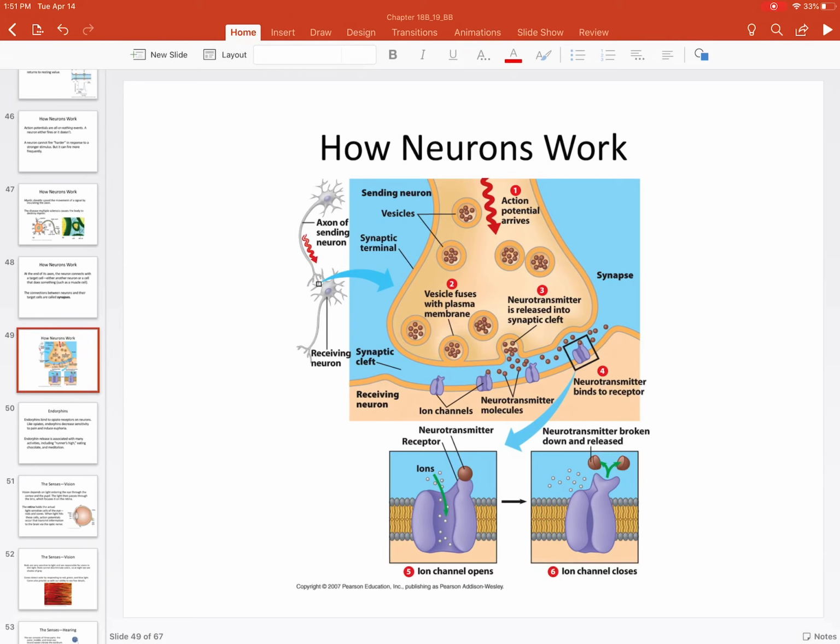You have the axon coming in from the top, your receiving dendrite right here on the bottom side, and you have the connection between them. They're not exactly connected directly, but they're in close contact, where whatever is released from one side is going to be received by the other.